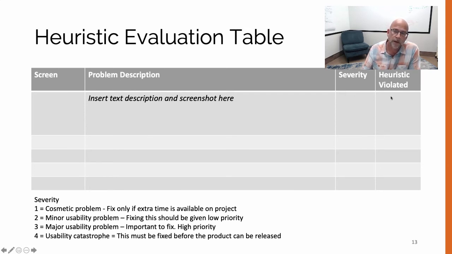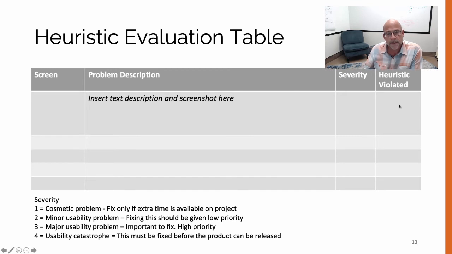And then over here, they would indicate the heuristic that was violated. Again, speaking the user's language might be one of the examples that was violated. So what they end up doing then is making a list of all of the problems, the descriptions, the screen they were on, the severity, and the heuristic that was violated.